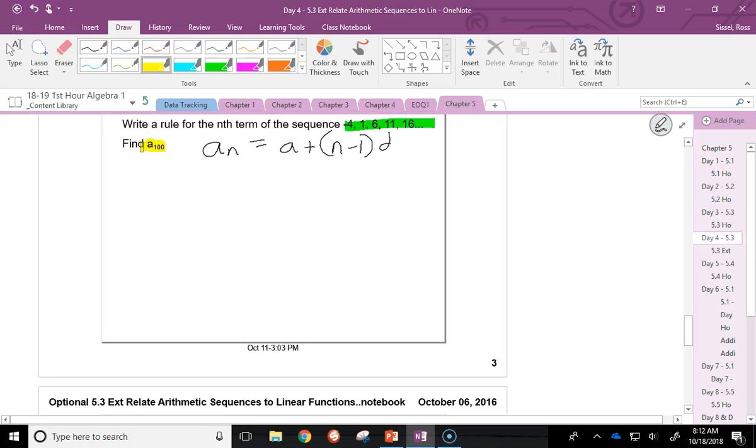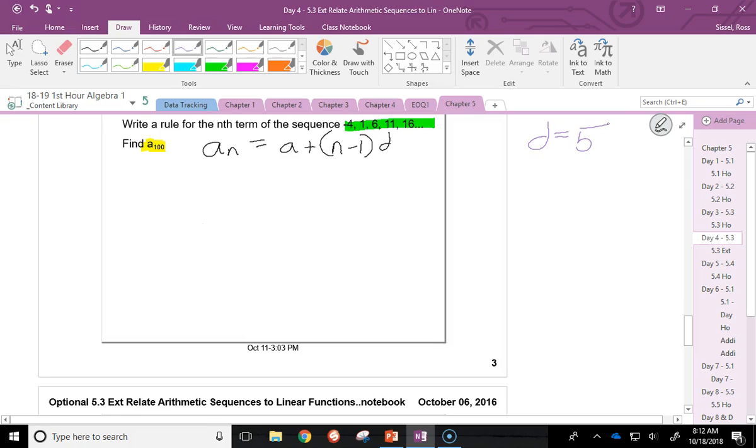Grace? 21. And how did you get that? Because I looked at the numbers and something was adding 5. Our pattern's adding 5. -4 plus 5 is 1, 1 plus 5 is 6, 6 plus 5 is 11. So our pattern is adding 5, or our constant rate is 5.